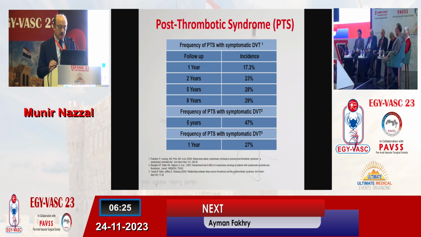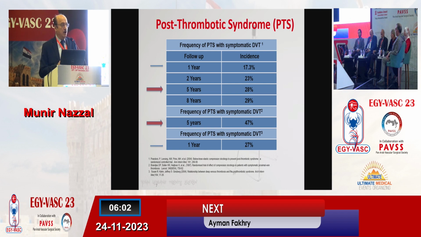Let's look at how frequent post-thrombotic syndrome is. At 1 year, in one study 17.3%, and in another study 27%. So there is a large variation. At 5 years, in one study 28%, in another study 47%.